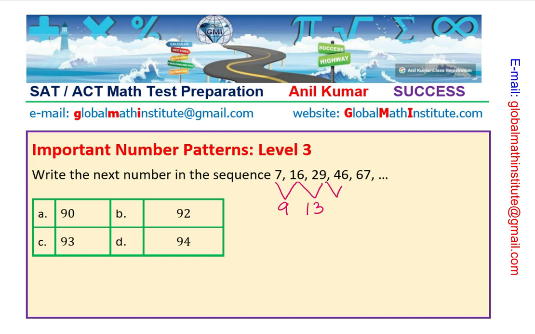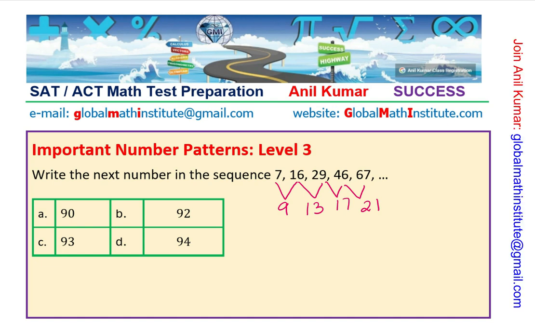The next one, 46 to 29, is 17. And then we have a difference of 21. So the first difference is not constant, it is increasing by 4 each time. As you can see, the second difference is 4, which is constant.